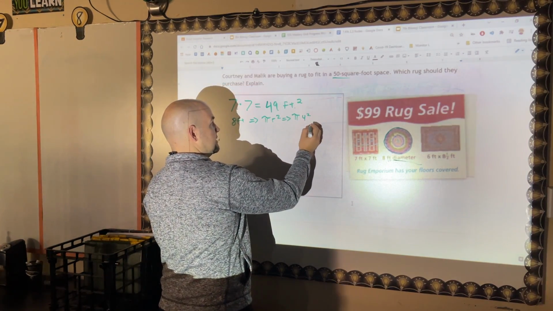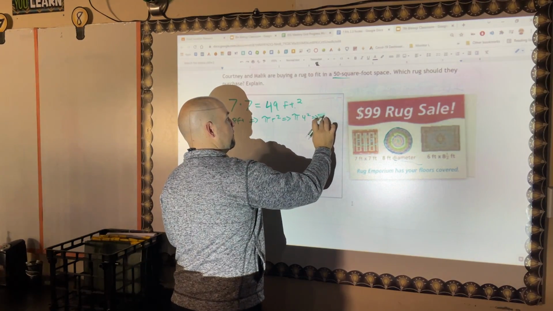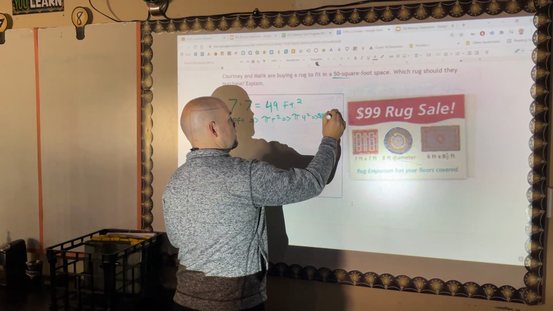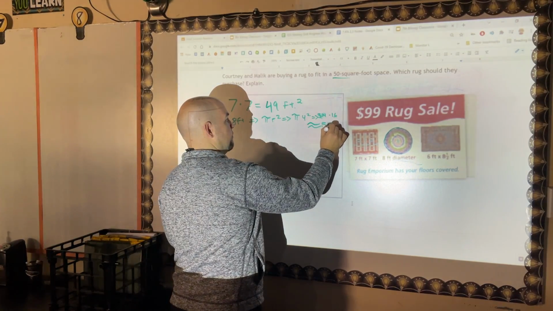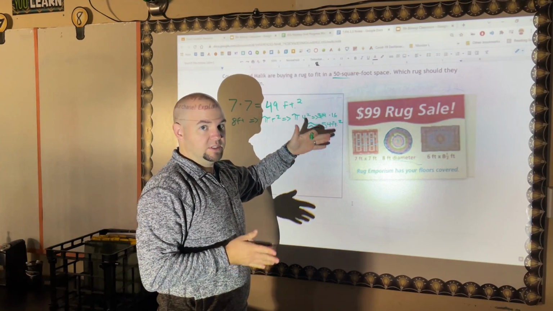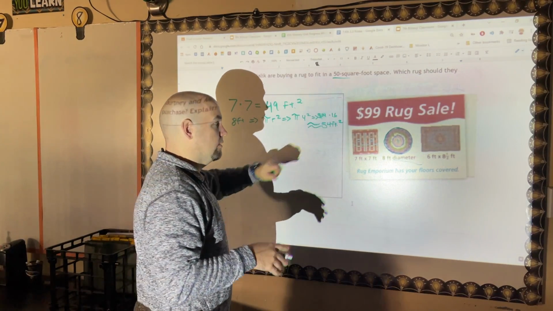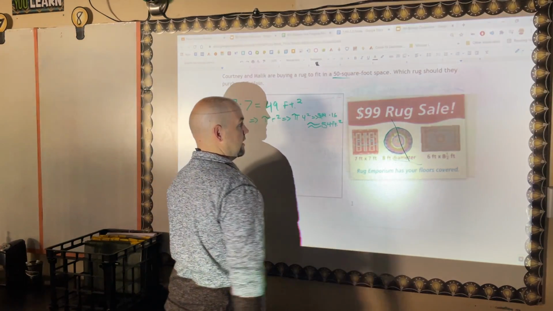So pi times 4 squared, which approximates to 3.14 times 16, which is about 54 feet squared. 16 times 6 plus 16 plus 16 is 54. That is over our limit, so we're not going to be getting that one.